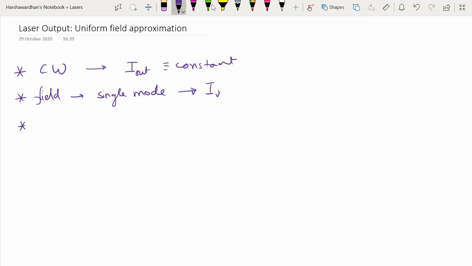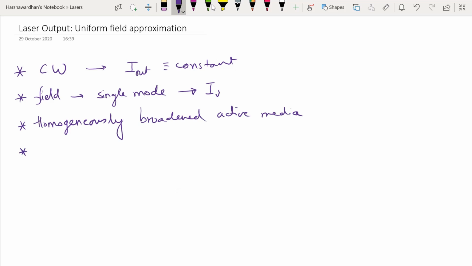The next approximation is that our system is homogeneously broadened. This is to ensure that we have a relationship between the gain and the intensity of the form that we have written down, which is the gain saturation, which is typically true for homogeneously broadened active media.